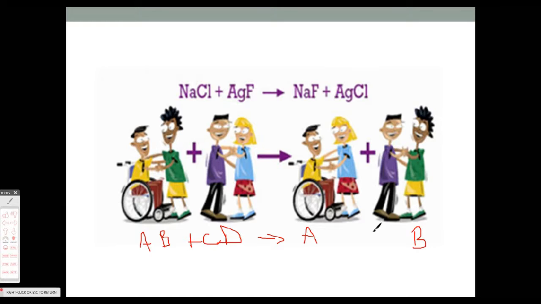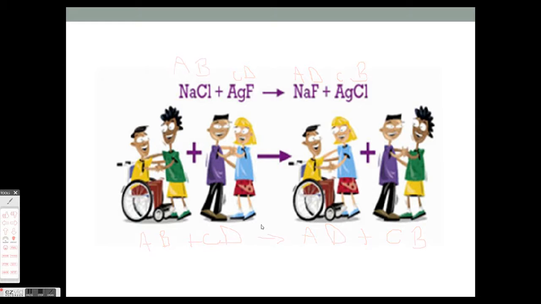Purple shirt was a C, and then blue shirt was a D. And that's the same up here, so we have A, here's our B, C, and D. So you can see we completely have new molecules. And that would be a double displacement.